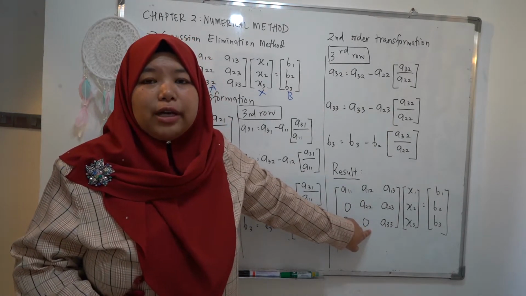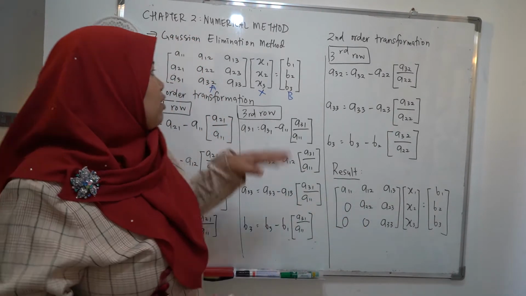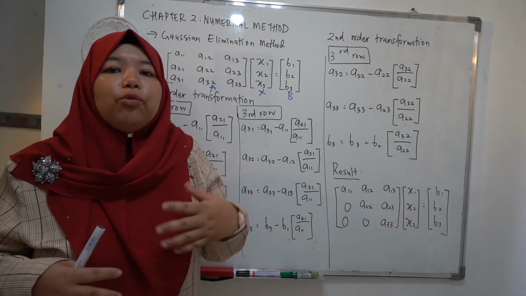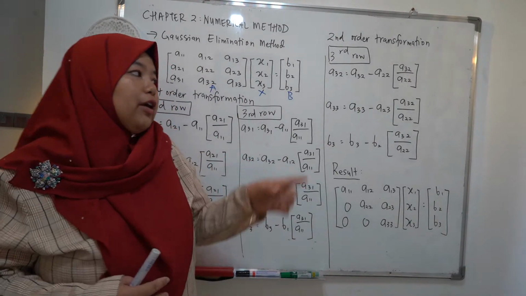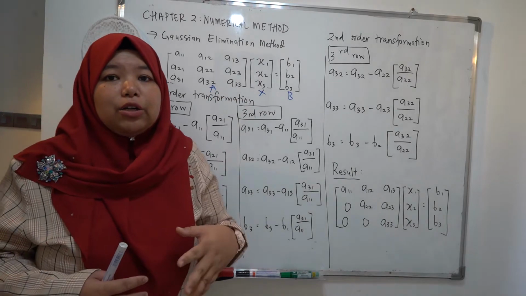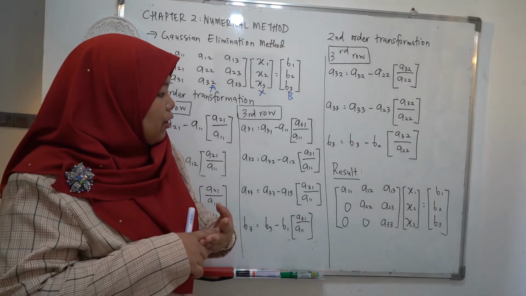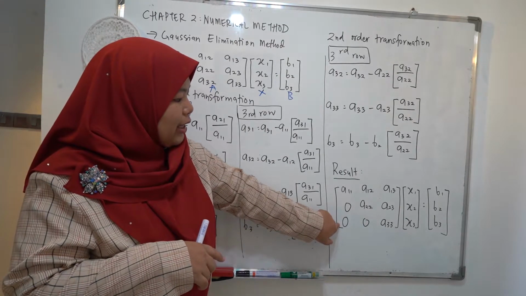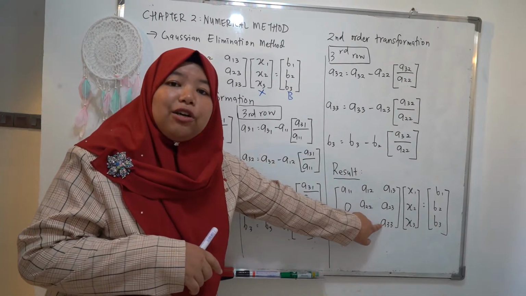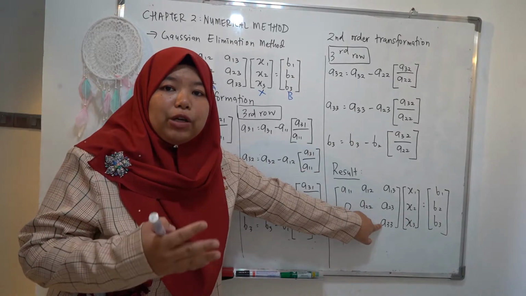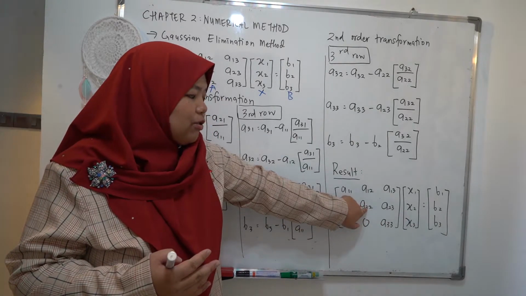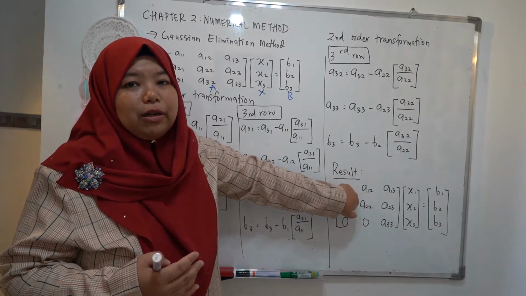Why do we have to do that? For the numerical method, we want to find the root. In this case, we want to find the roots x1, x2, and x3. So we can find x3 first, then continue to find x2, and the last one is x1.